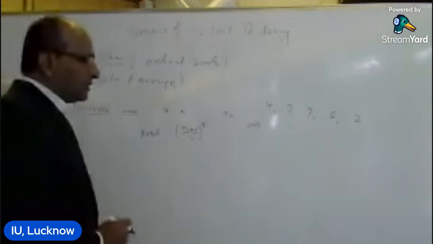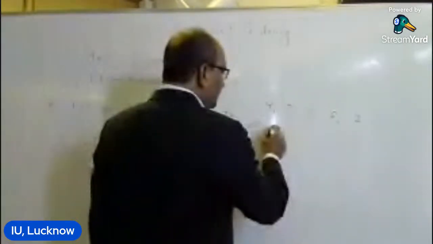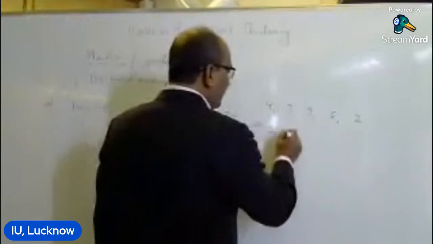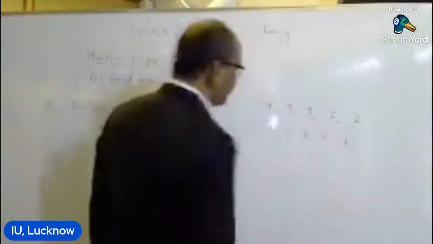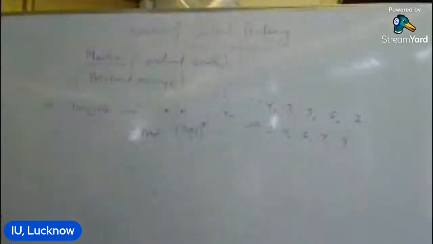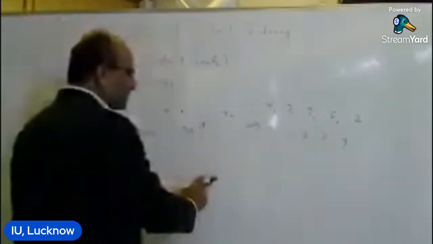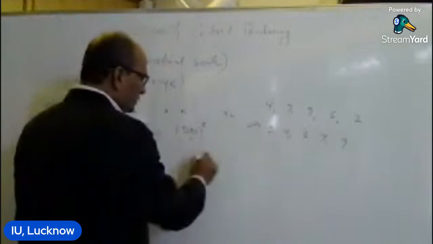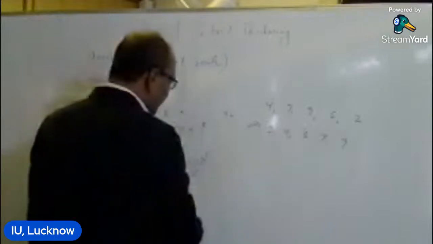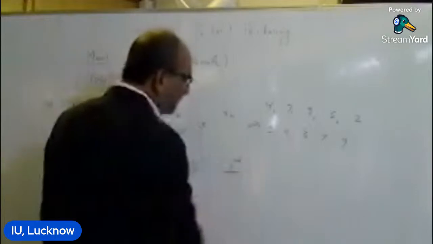So the arrangement of this will be 2, 4, 6, 7, and 9. This is the arranged observation in increasing order. And what will be the n plus 1 by 2? N is the total number of observations, which is 5. So 5 plus 1 divided by 2, 6 by 2, means third position. Median will lie on the third position.